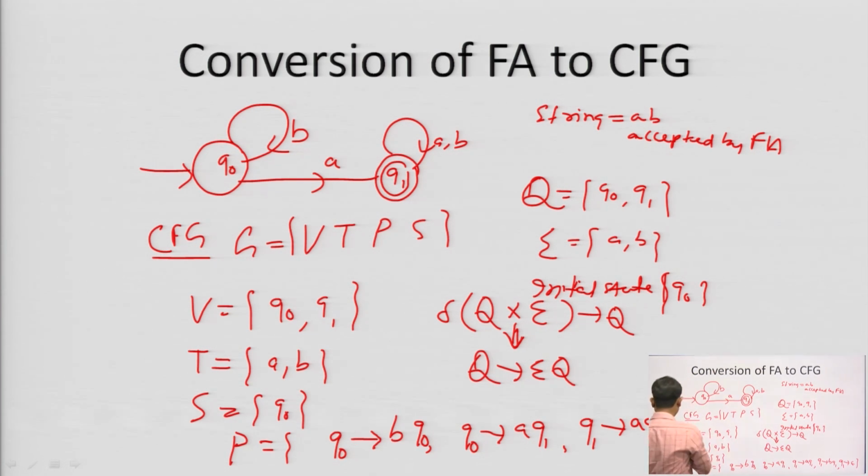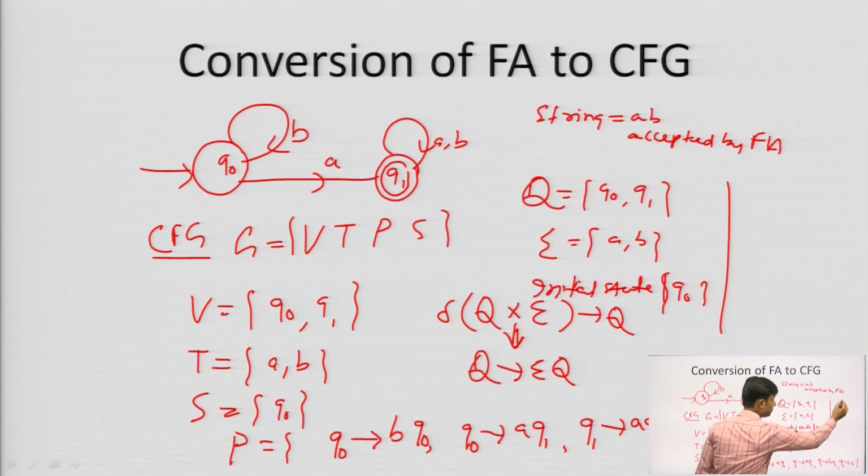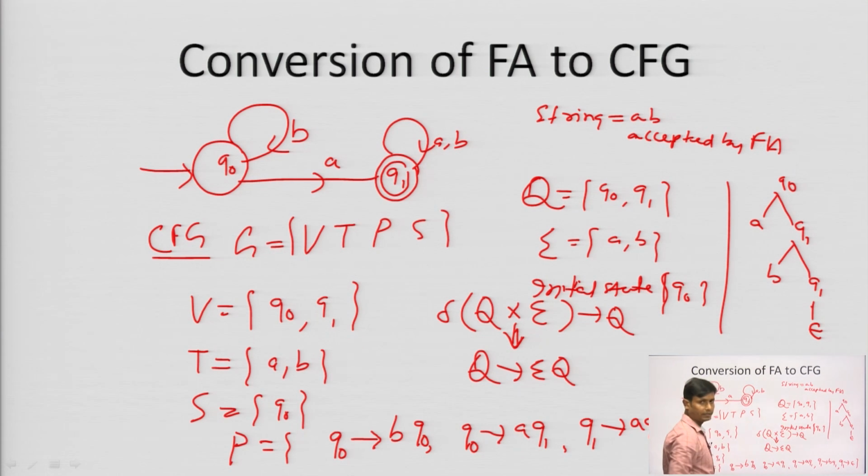We draw a parse tree: Q0 has a transition A Q1, then Q1 has a transition B Q1, then Q1 goes to epsilon. So now we got AB as a string from this grammar.